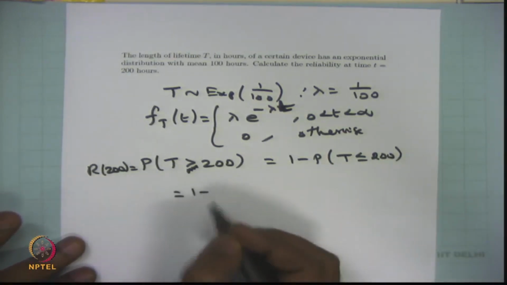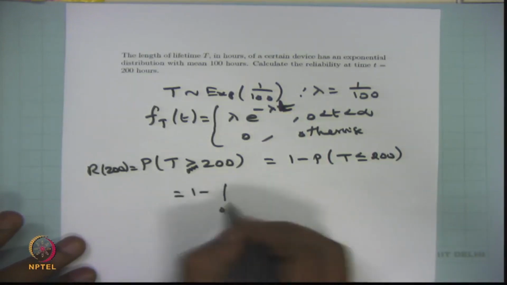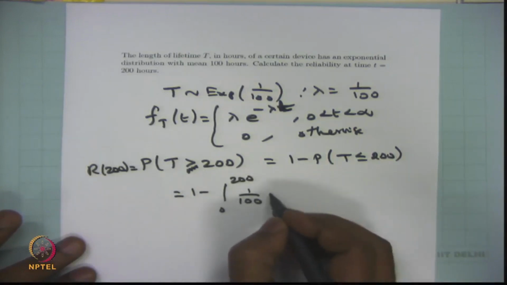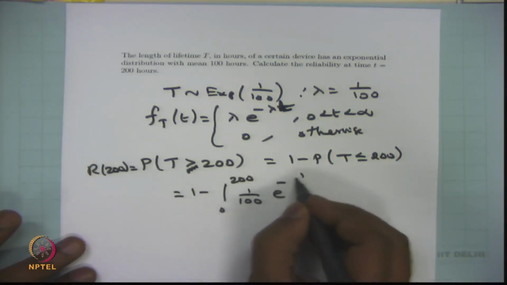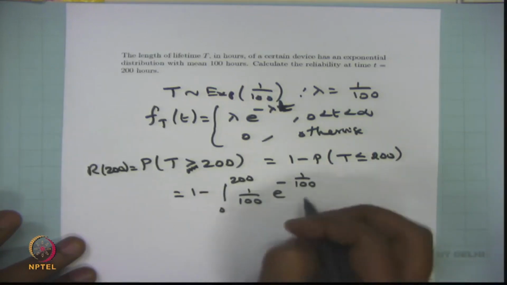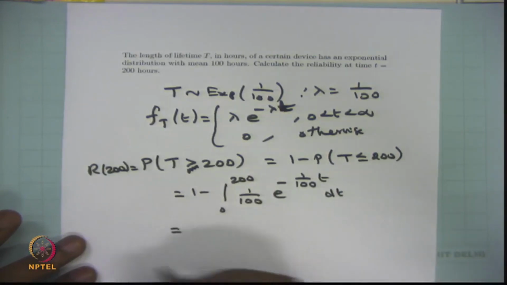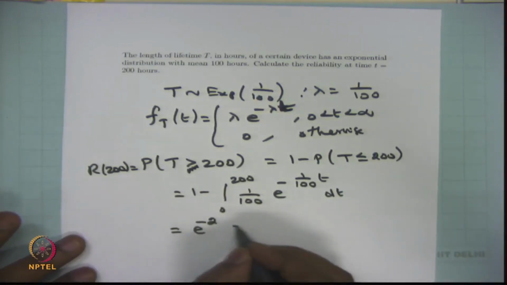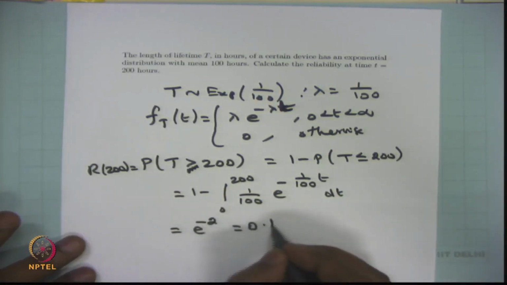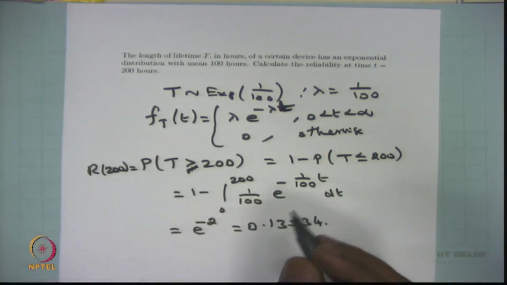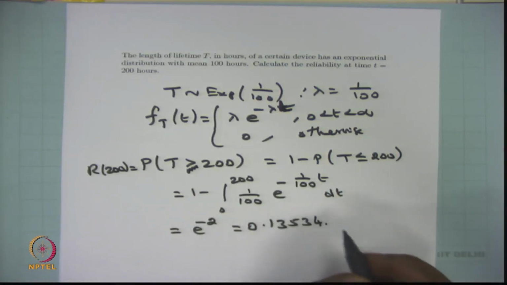So, this is the same as 1 minus the integral from 0 to 200 of lambda e power minus lambda t dt. You simplify, you will get e power minus 2, that is going to be the answer. Numerically it is going to be 0.13534. So, this is the reliability of the device at time t equal to 200.